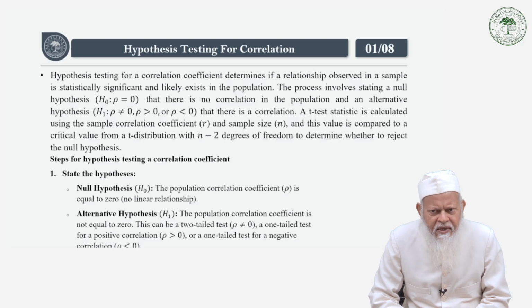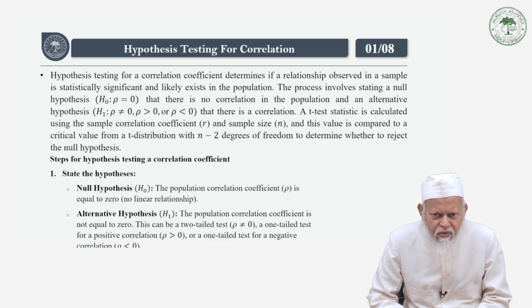Hypothesis testing for the correlation coefficient determines if a relationship observed in a sample is statistically significant and likely exists in the population. The process involves stating a null hypothesis that there is no correlation in the population, and an alternative hypothesis that there does exist a correlation.